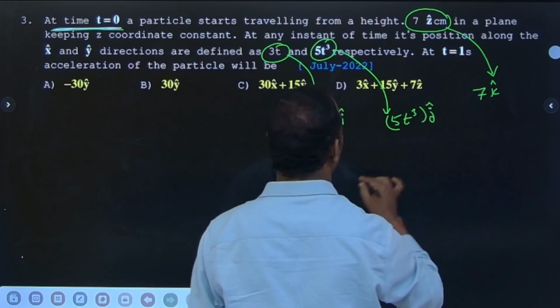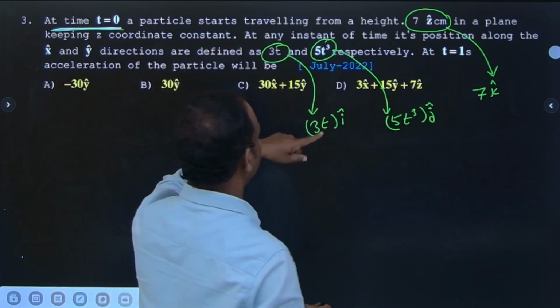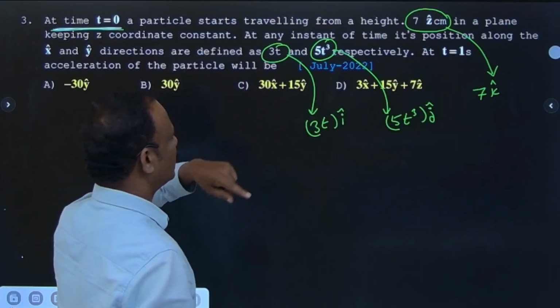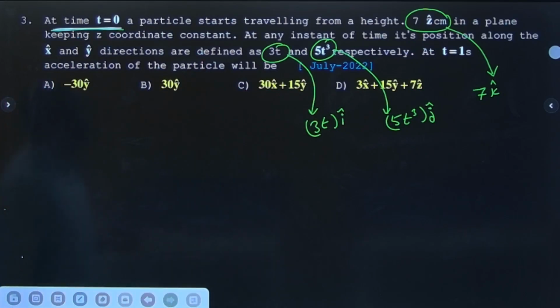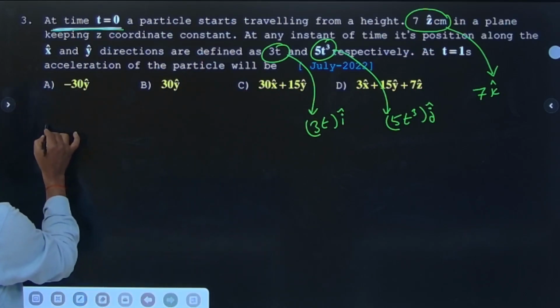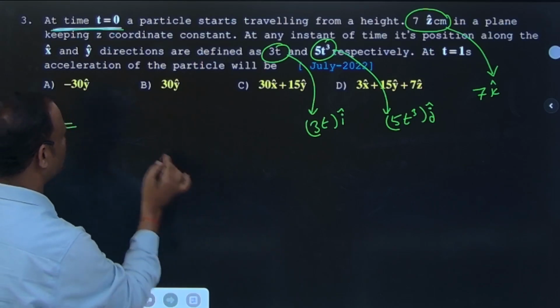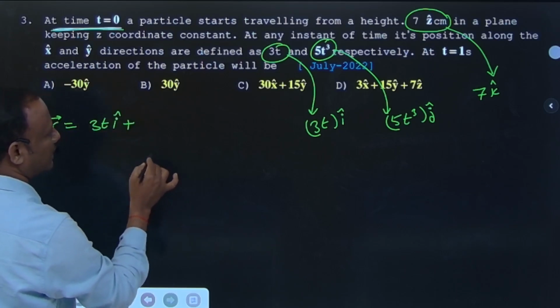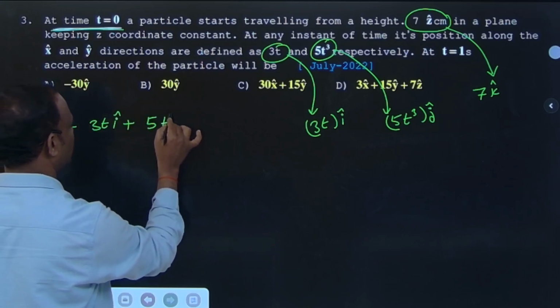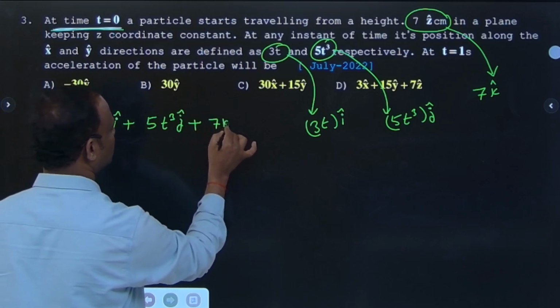So these coordinates are given. At t equal to 0, what is the acceleration of the particle? Now write the position vector. The position vector is equal to 3t i cap plus 5t cube j cap plus 7 k cap.